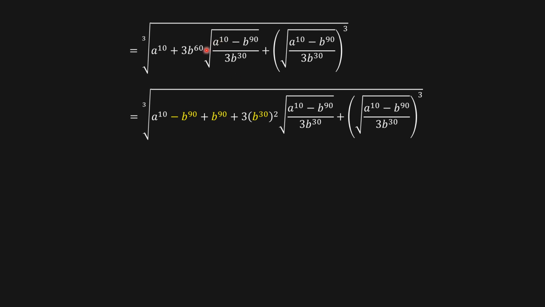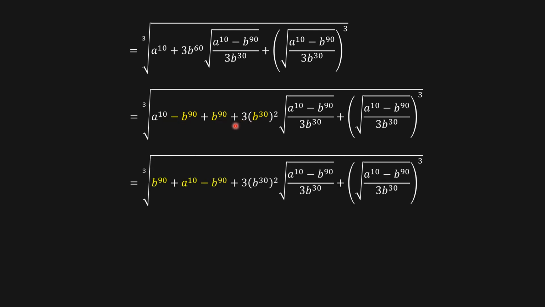Okay, and now this 3b to the 60, I'm gonna write this as b to the 30 to the power of 2, right? So I'm just going to organize these terms here. So we're gonna have this one. This is then b to the 90 plus a to the 10 minus b to the 10, right? And then plus this whole expression that we already had.